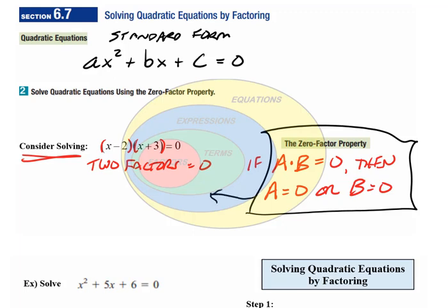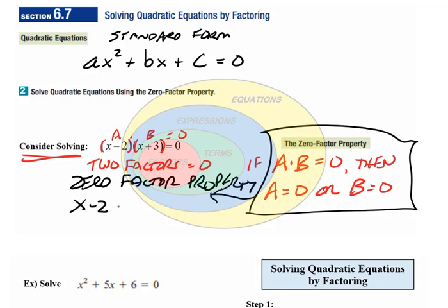So if you think, we have a situation where we have an a times b equaling 0. We have two factors. So the zero factor property basically says if we take the first factor of x minus 2, if that factor is equal to 0, then the product will be equal to 0.